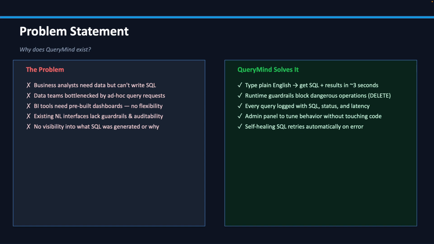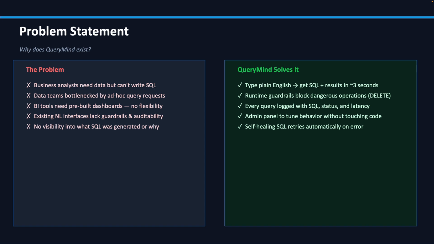The problem statement. The problem I'm solving is really common. Business analysts need data insights, but they can't write SQL. That creates a bottleneck where the data team spends half of their time answering ad hoc query requests instead of doing real analytics.